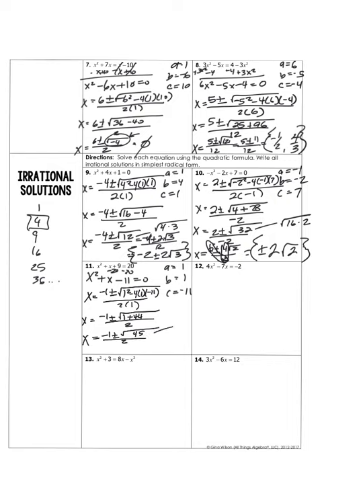And 45 will simplify into the square root of 9 times 5. And we can take the square root of 9. The square root of 9 is 3. So x equals negative 1 plus or minus 3 times the square root of 5 over 2.